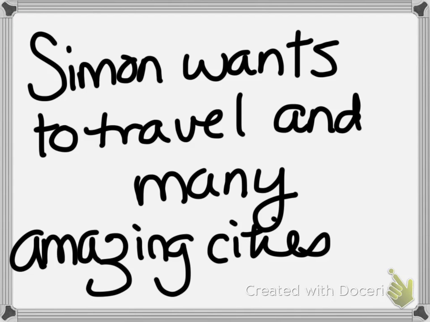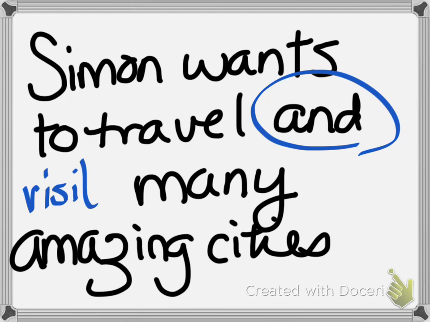Okay, similar case here. Simon wants to travel and many amazing cities. In English, it won't work, because here we need to join ideas with ideas. Simon wants to travel and visit many amazing cities. Like with like.